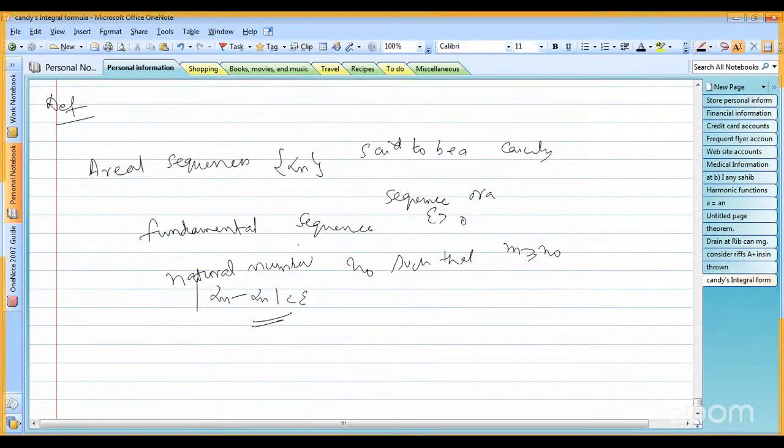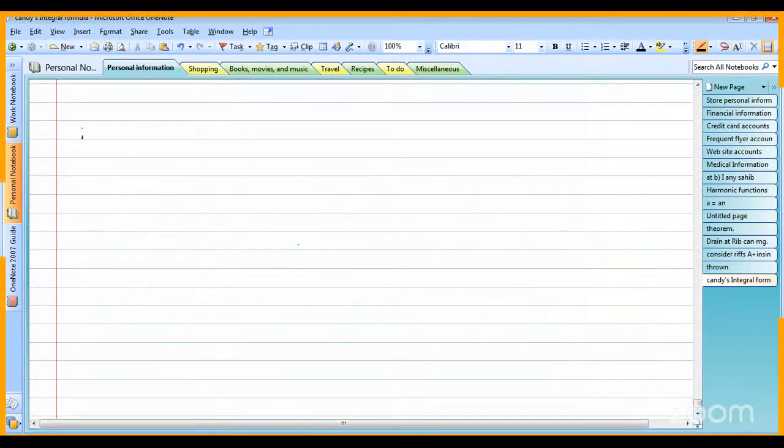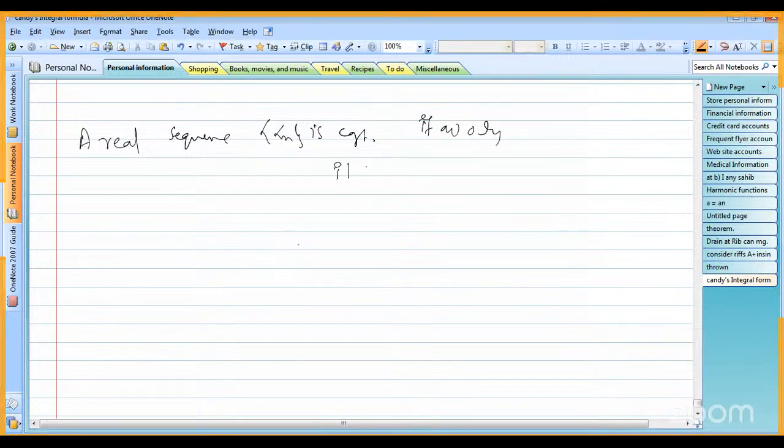We can write another theorem. The real sequence alpha n is convergent if and only if it is a Cauchy sequence.